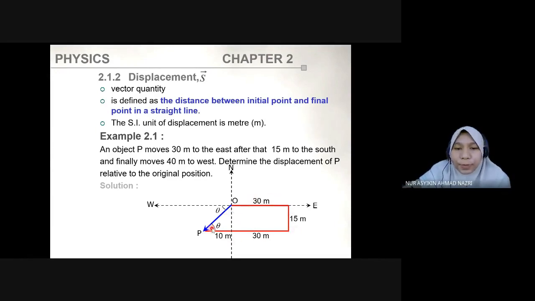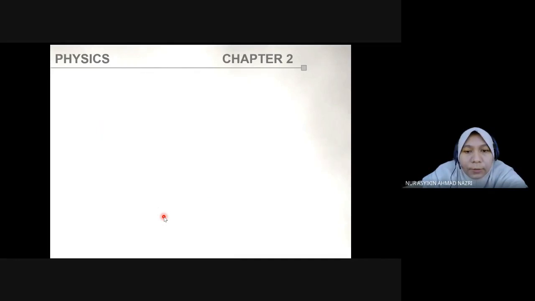But displacement, arah sini kita dah minus dengan arah sini. So yang ke atas ni, what's left is yang ke atas dan ke yang sini je saja. What's left, yang here, yang here. So that's why kita dapat the vector, the displacement is in this direction. Okay. So itu distance.